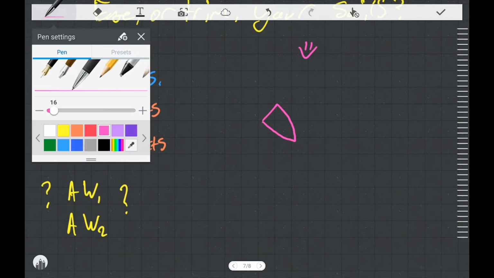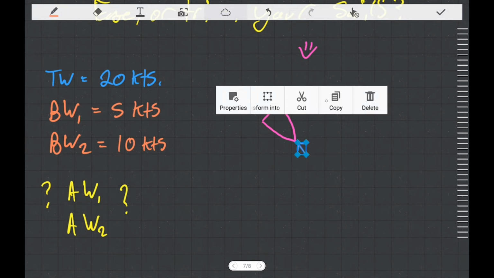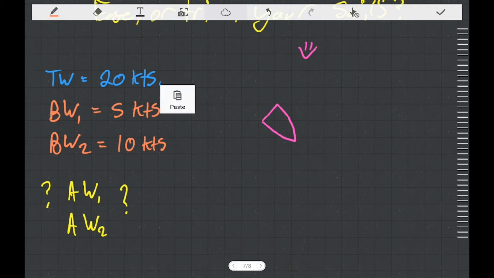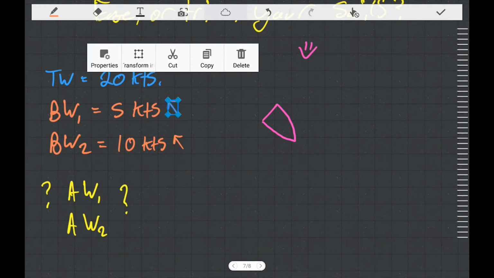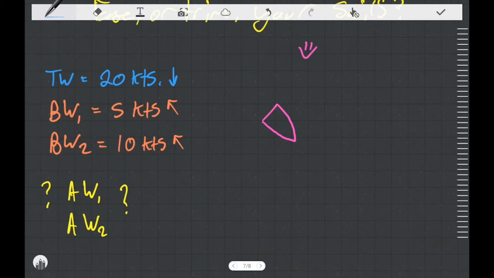And so what that means for me is that my boat wind is going to be pointing up in this direction here. So I'm going to take that, and I'm going to take advantage of my copy paste, and I'm just going to stick it in next to both of these boat winds. And the true wind, because I drew this arrow here straight down, true wind's coming straight down the page.